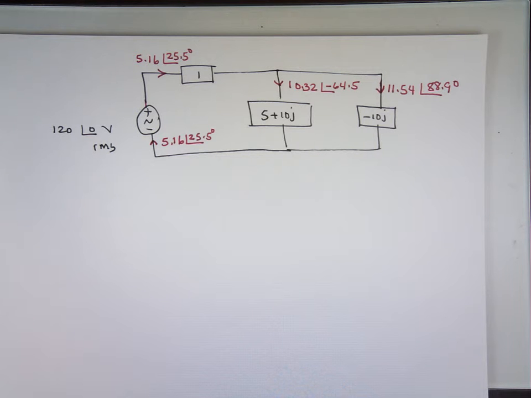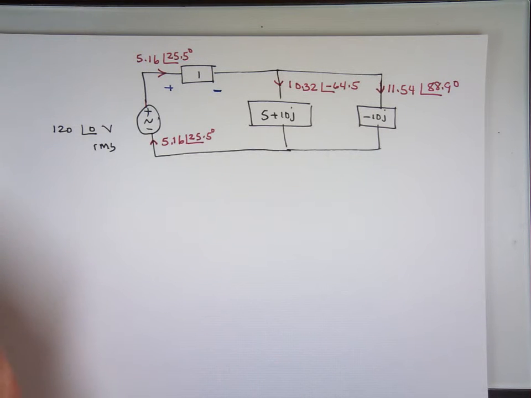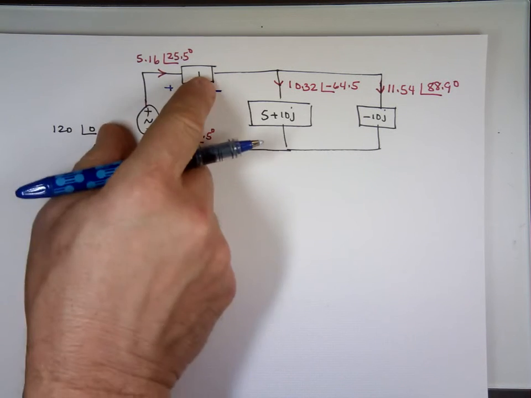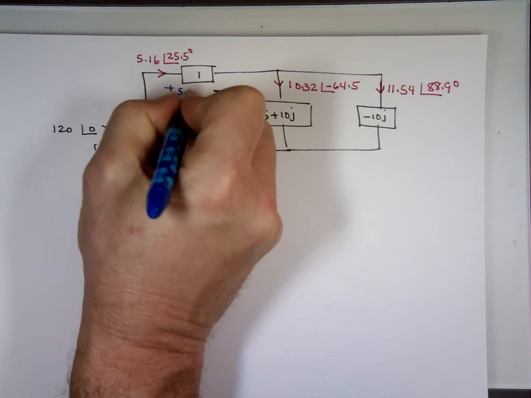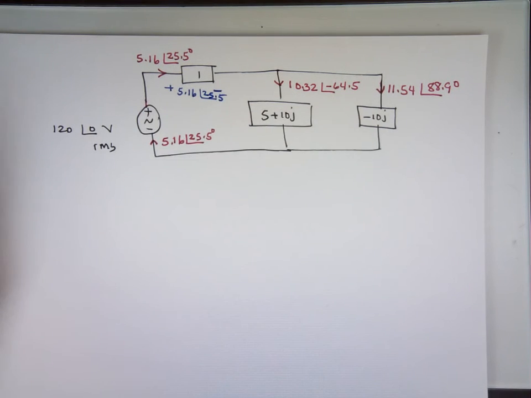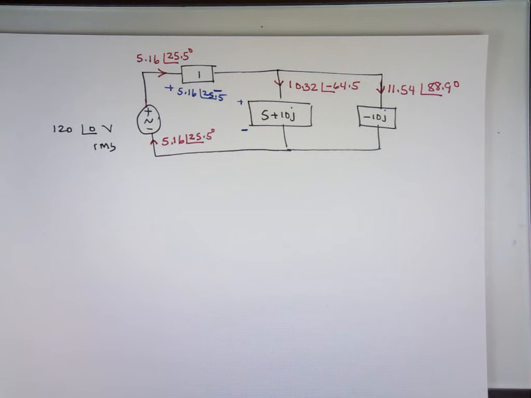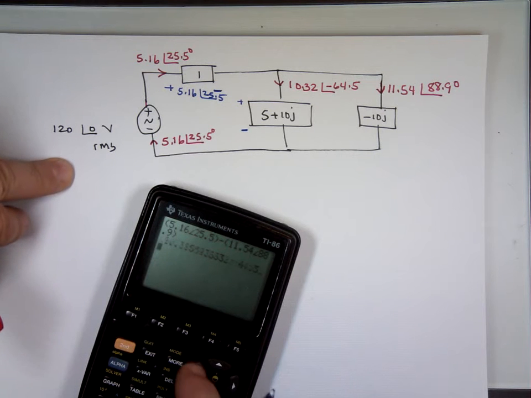I can also find the voltages here while I'm at it. What's the voltage here? Ohm's law: V equals I times Z. I can find the voltage right here. Multiply the two of them together: 10.32 times 5 comma 10.